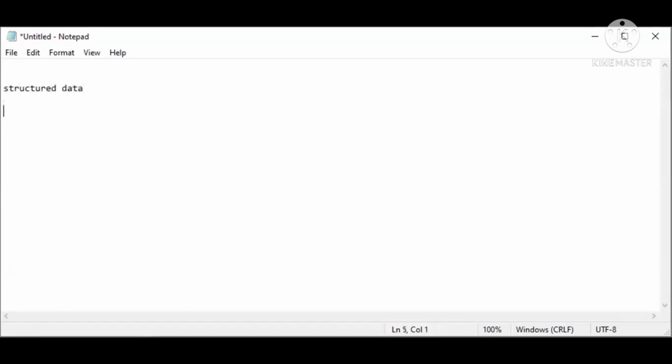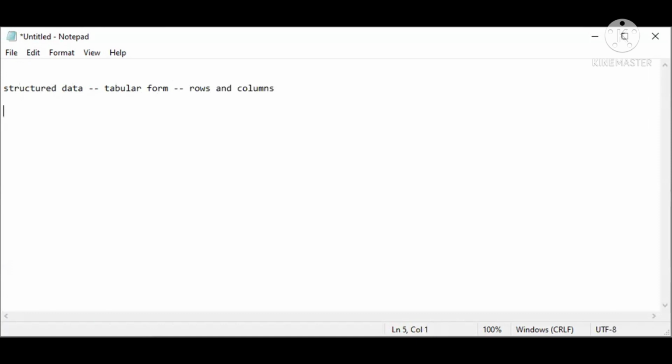So as I was saying, structured data will mostly be in tabular form, right? And tabular form means it will have rows and columns, right?